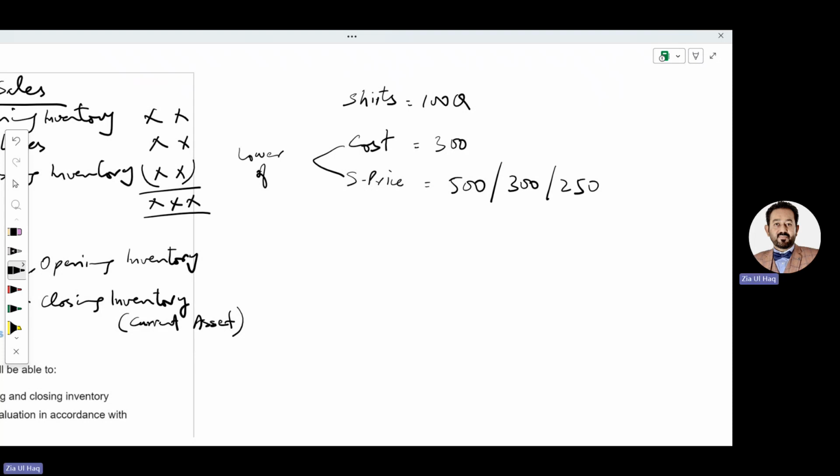What is the lower amount, 300 or 500? 300. So closing inventory will be 100 units into 300, equal to 30,000.